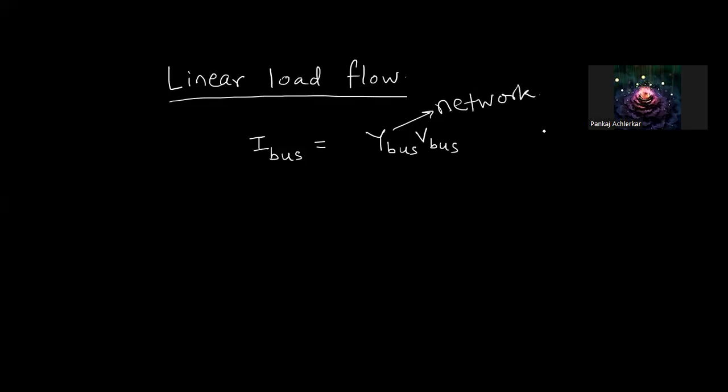It is linear in terms of current and voltages. But where is the non-linearity coming into the picture? The non-linearity is coming because of the generator and load components. The bus current injected at different buses is related to the bus voltage vector by some non-linear functions.